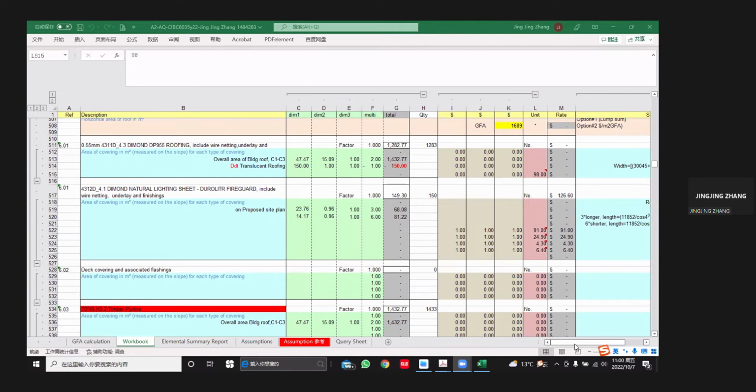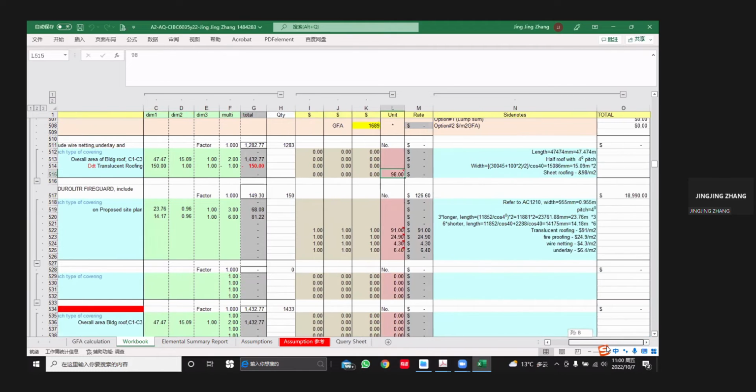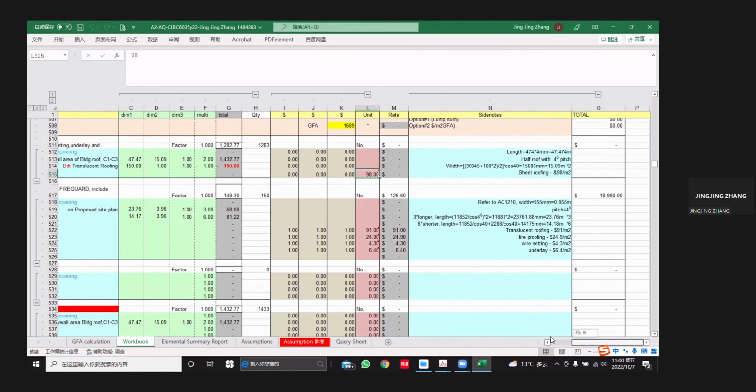Yeah, this is my work. I put some side notes like this. Also, I put the notes this way and put the Rawlinson's pages and which items I selected, to show you where the price comes from. Right.